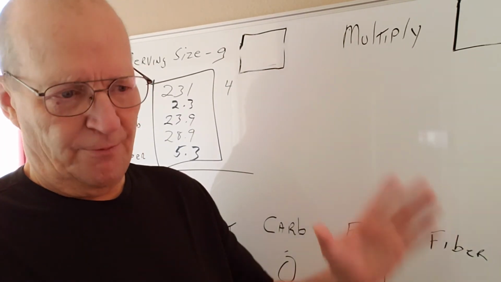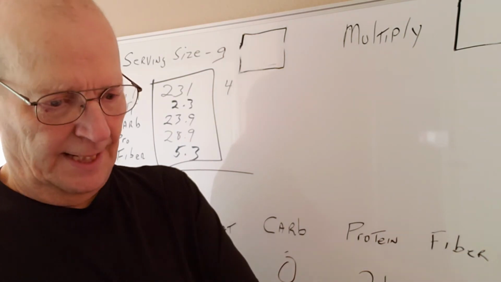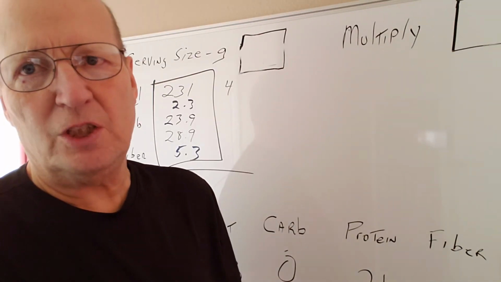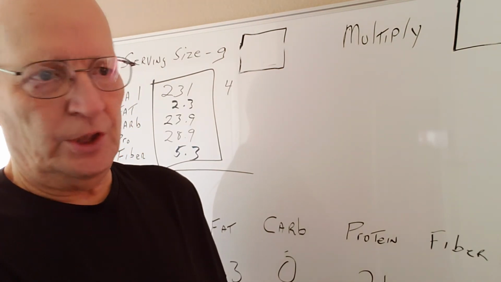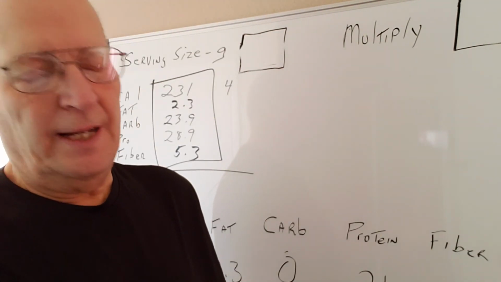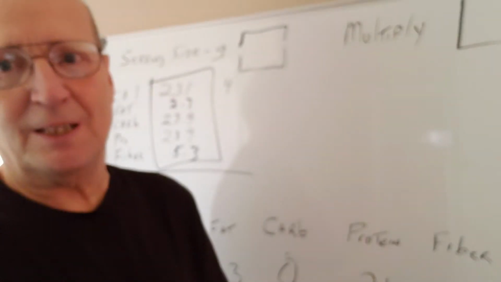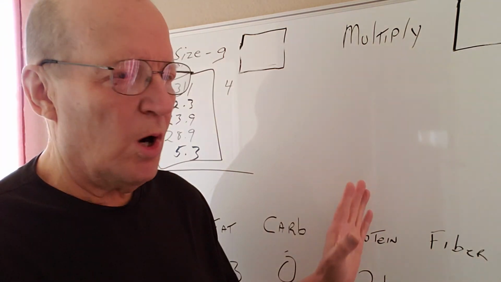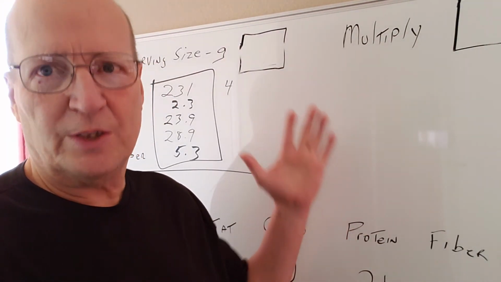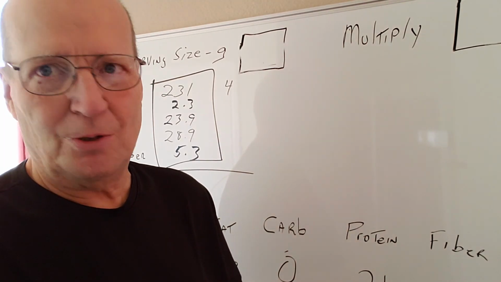I've already got it figured out where literally all you do is punch in the numbers for what's on the nutrition package, and then you weigh out your food. You fill in the blanks, and it will give you your final numbers. It'll tally it up and everything for you. So if you don't want to do the math manually, which you're more than welcome to do, follow these directions, which tell you how to do it correctly.